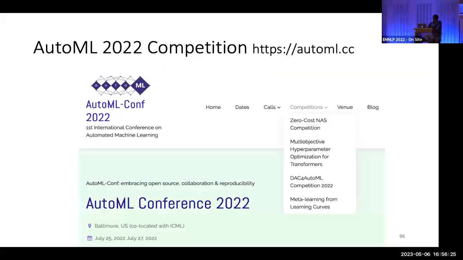I'll just briefly mention this competition we ran at the first AutoML conference. There are these competitions out now, and I think they're running a second conference pretty soon, so feel free to check out the website, automl.cc.